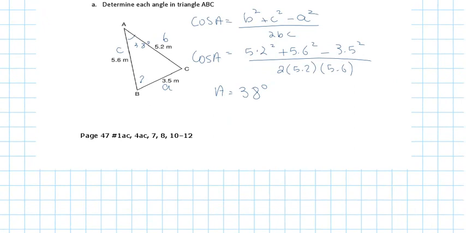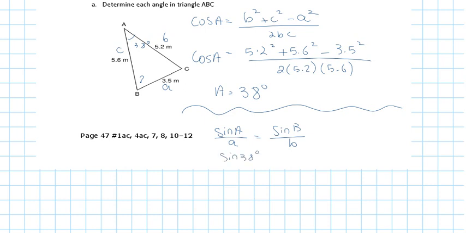If I'm looking for angle B, I know A, right? So that means sine A over a equals sine B over b. So sine 38 over 3.5 equals sine B over 5.2.